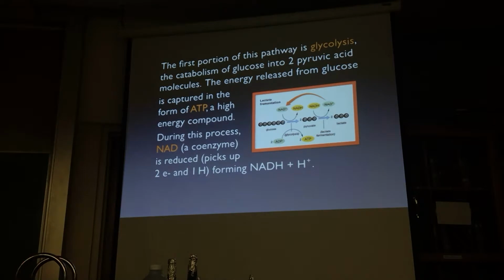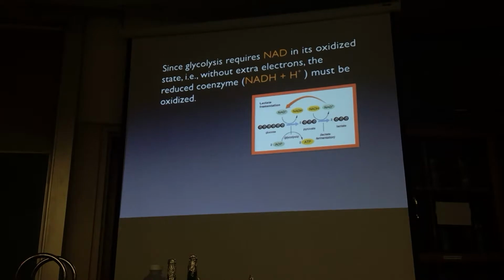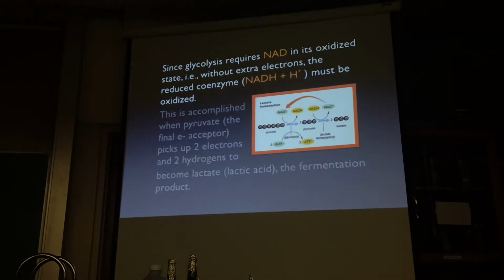During the process, NAD, which is a coenzyme, is reduced. It's going to pick up electrons and become NADH plus H plus. The spoon gets peanut butter on it. If we want to use that spoon, which glycolysis requires, the coenzyme without the extra electrons, that means you have to get those electrons off of there. So what are you going to do with them? You can pass them to the electron acceptor, which is pyruvate.